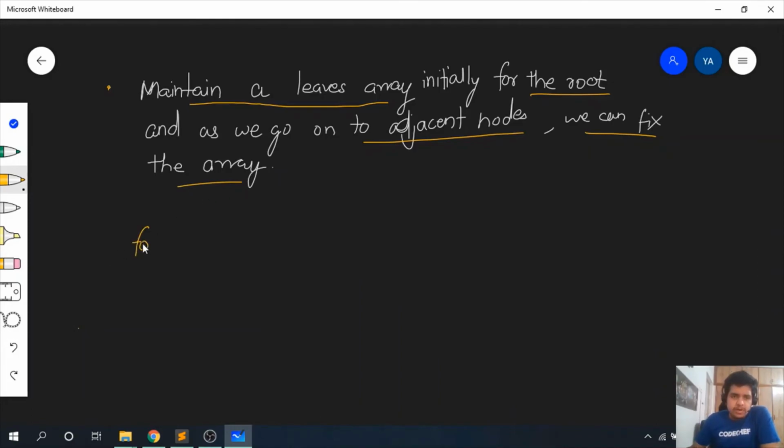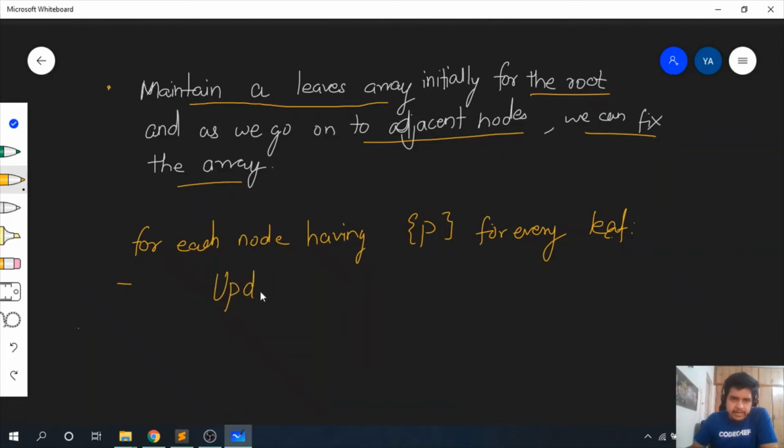For each node having p, for every leaf, we update leaves of I plus equal to 1, right?